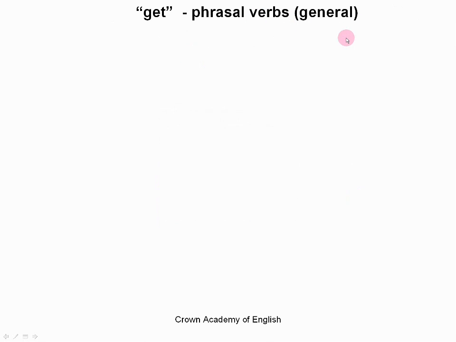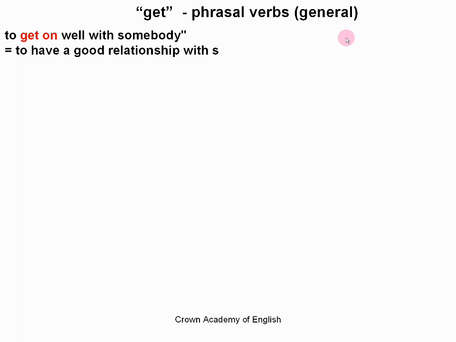Phrasal verbs, general. This is a very useful phrasal verb. To get on well with somebody. This means to have a good relationship with somebody. So if we are friends with somebody, if we like somebody, we say we get on well with them.